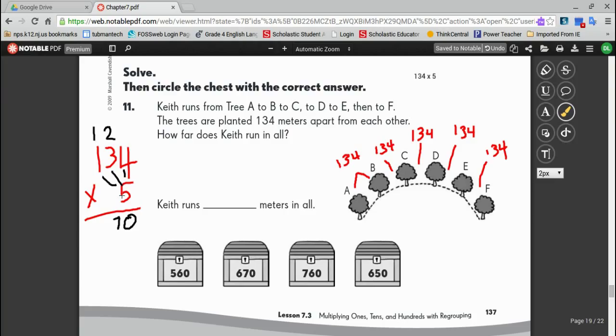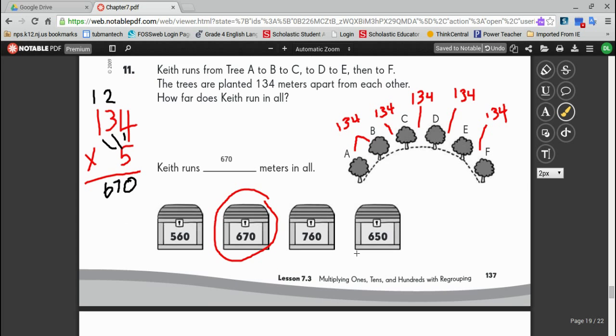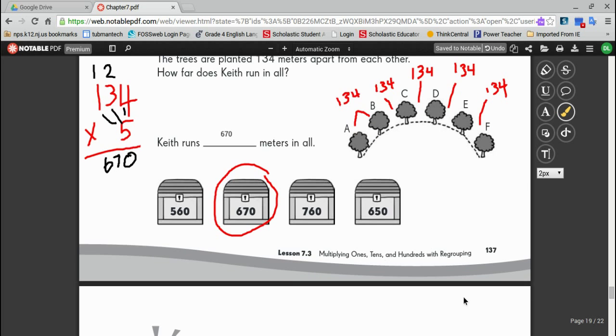And lastly, 1 times 5 is 5, plus 1 more is 6. So I know my answer. Keith runs 670 meters in all. And then I'm going to circle the chest, which is right over here with the correct answer. Alright, and that was page 137.